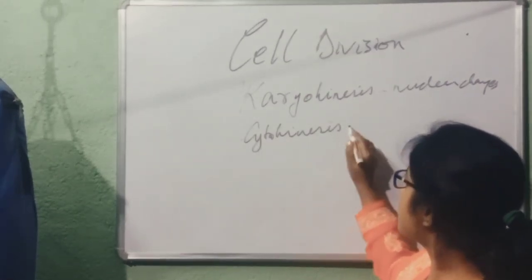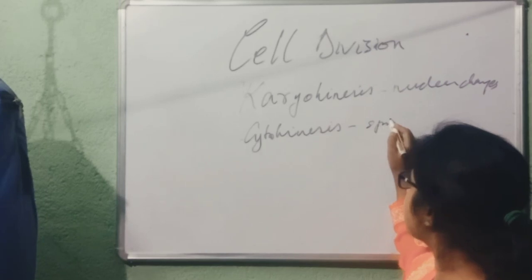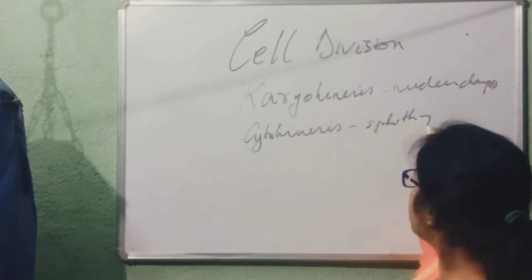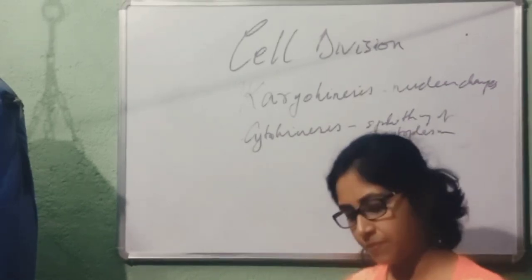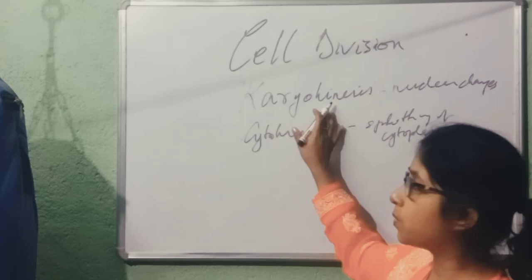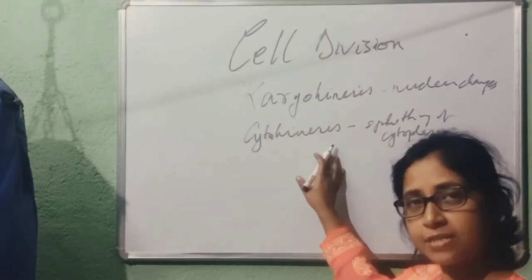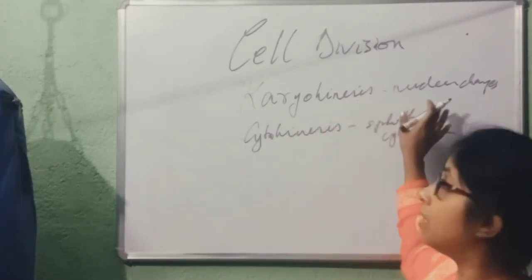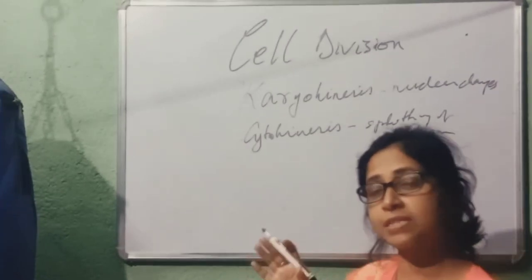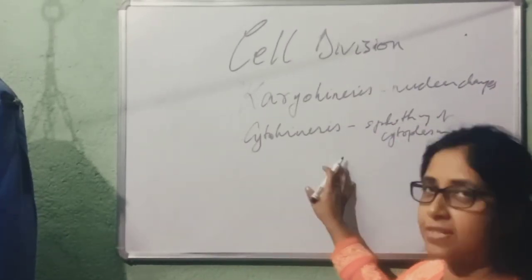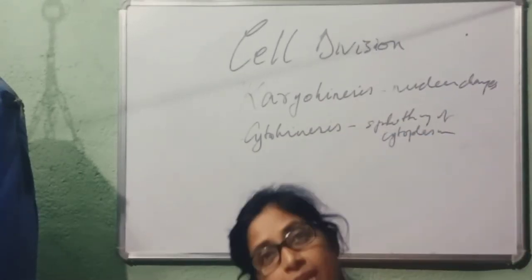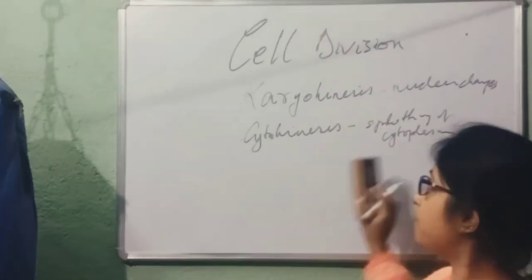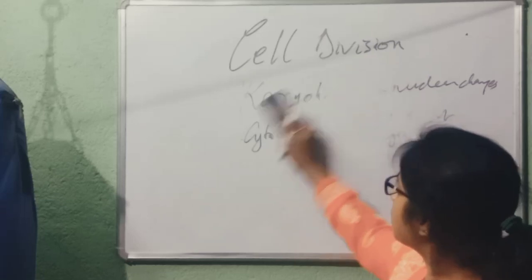And cytokinesis is the splitting of the cytoplasm that takes place at the end of the process. In karyokinesis, the nuclear changes take place during the cell division, and in cytokinesis, the splitting of the cytoplasm takes place at the end phase of the process.